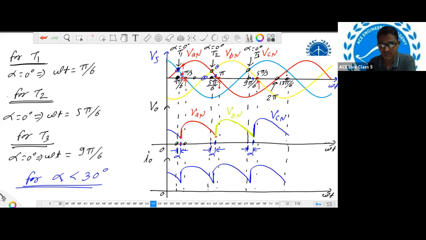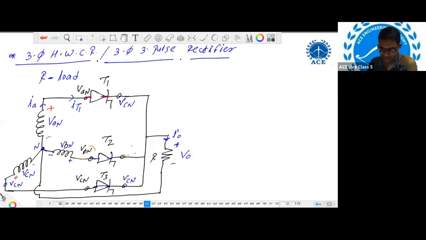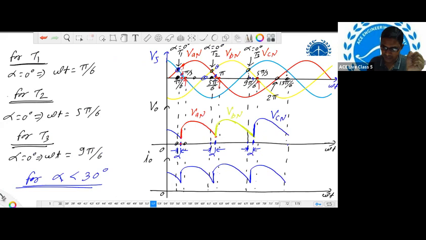So the voltage at the anode of thyristor T1 will be greater than that of the cathode voltage only after this instant, pi by 6. So that's why we indicated alpha equal to 0 degree for thyristor T1 here.